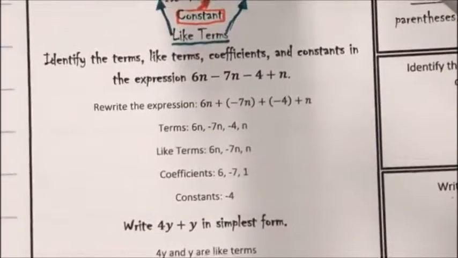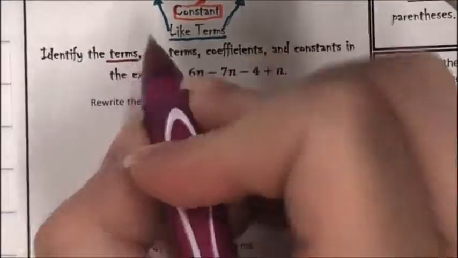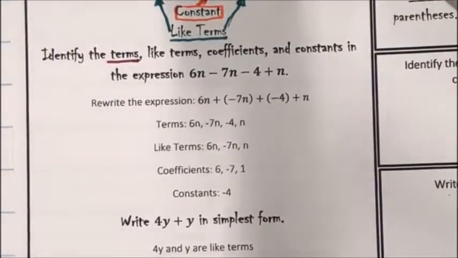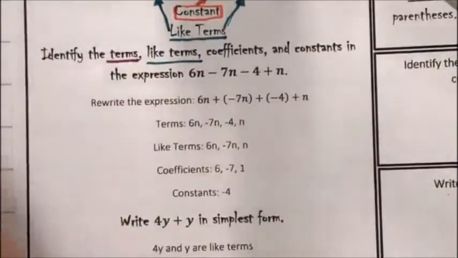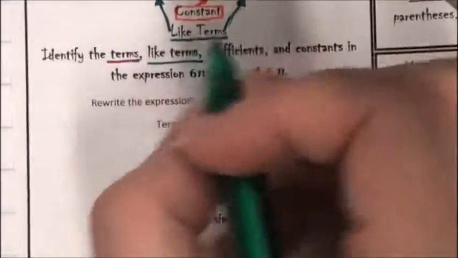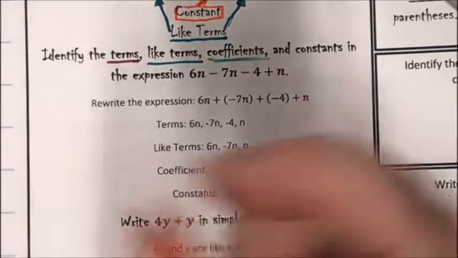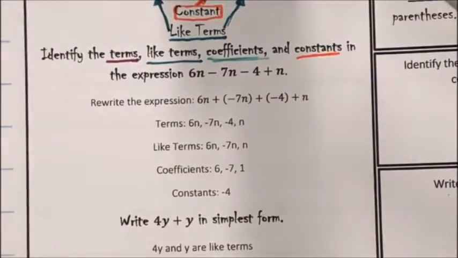So I want to identify the terms, like terms, coefficients, and constants in the expression 6n minus 7n minus 4 plus n. So I have a couple things I'm looking for. I want the terms, the like terms, the coefficients, and the constants.